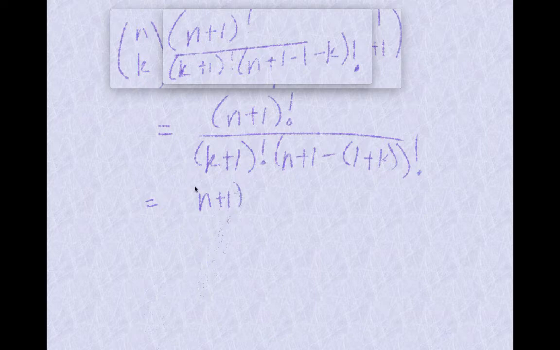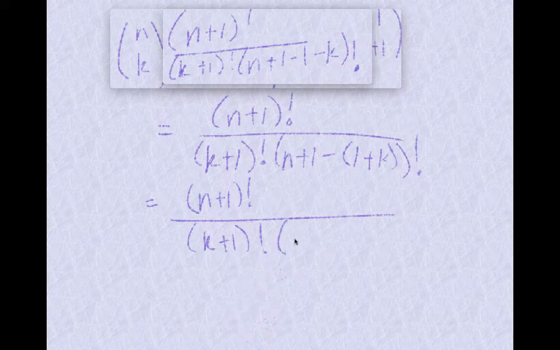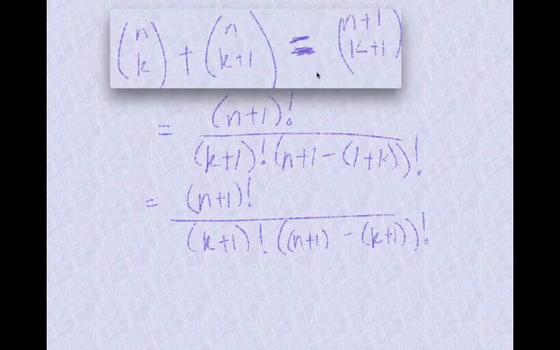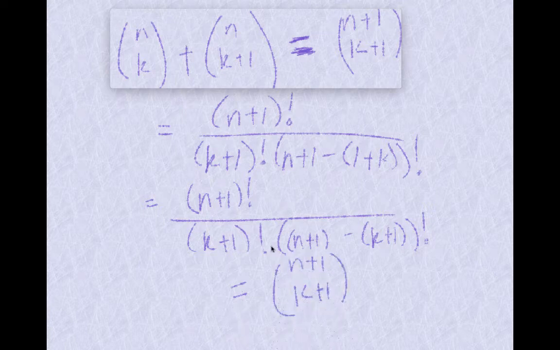This equals n plus 1 factorial over k plus 1 factorial times n plus 1 minus k plus 1 factorial. This was our goal, remember? It's n plus 1 choose k plus 1, and that is the definition of that.